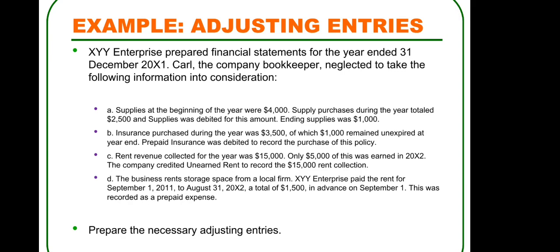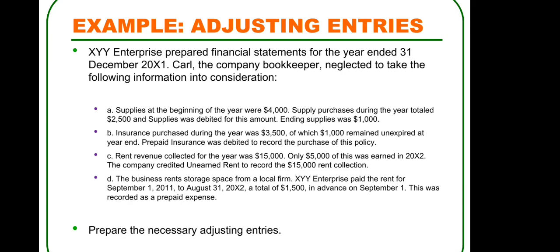Okay, let's see the next one. Item 2, insurance purchased during the year was 3,500, of which $1,000 remained unexpired at year end. Prepaid insurance was debited to record the purchase of this policy. This is an adjusted entry for prepaid expense.